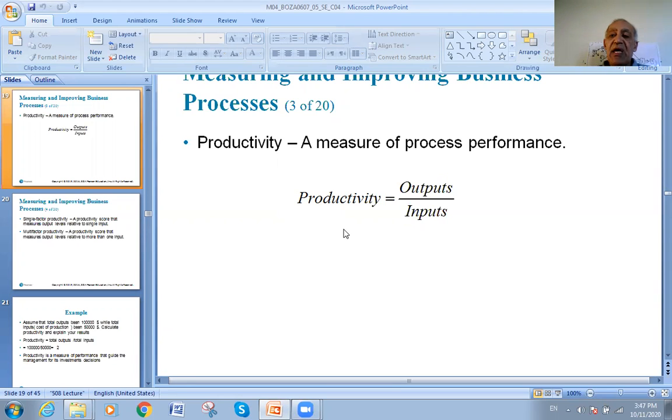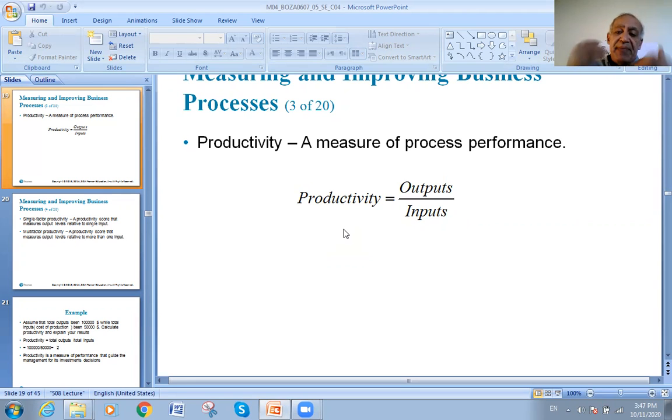As an example, if the productivity of company Alpha is 5, and the productivity of company Beta is 3, that means the performance of company Alpha is better than the performance of company Beta, because Alpha's productivity is 5 while Beta's is 3.